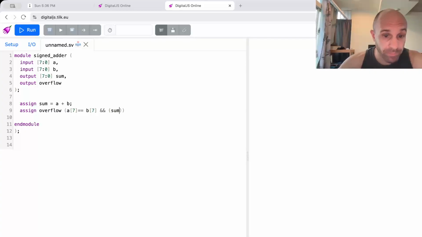Take the most significant bit of the sum and compare it.